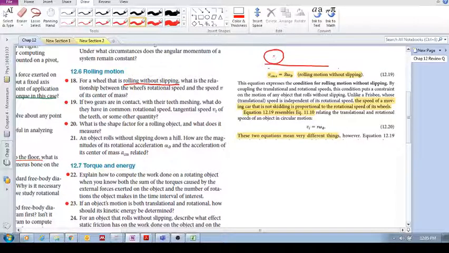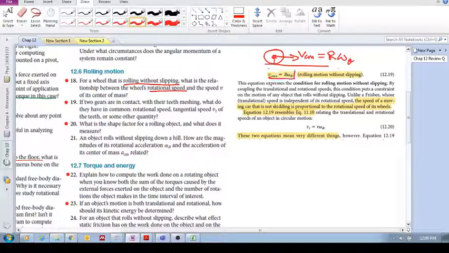And we identify the center of mass of this object. Then the velocity of the center of mass equals the radius of that wheel multiplied by its rotational velocity, the rotational speed. So that's the answer there.